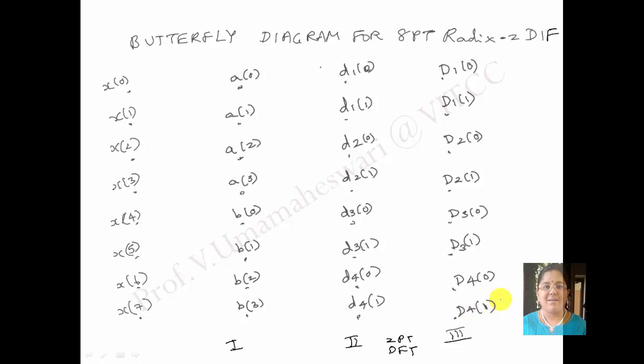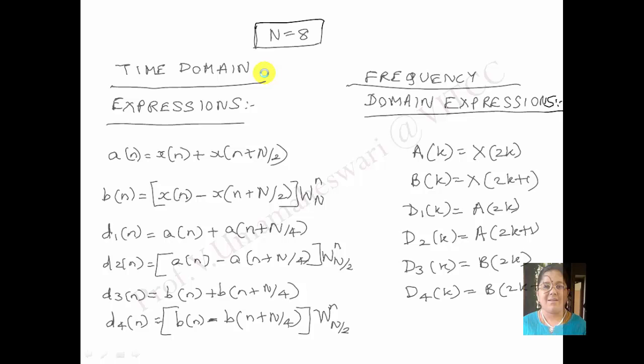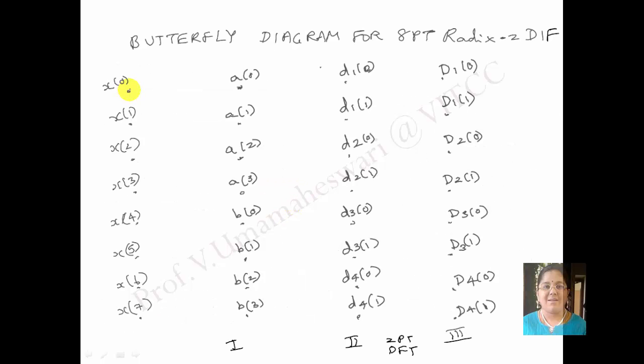These D1 of k, D2 of k, D3 of k and D4 of k are themselves the output in jumbled or bit reversed fashion. Now let us check the time domain expressions to draw the butterfly diagram. You have to remember all these things.